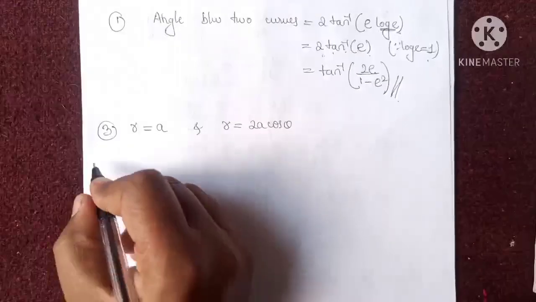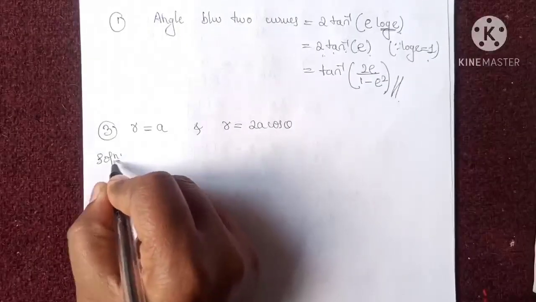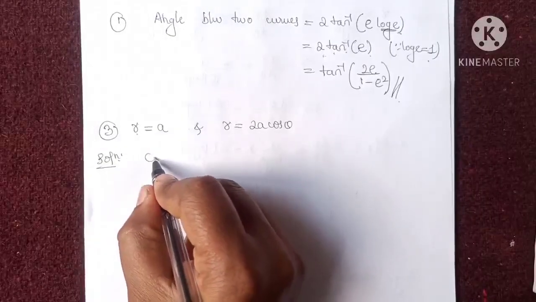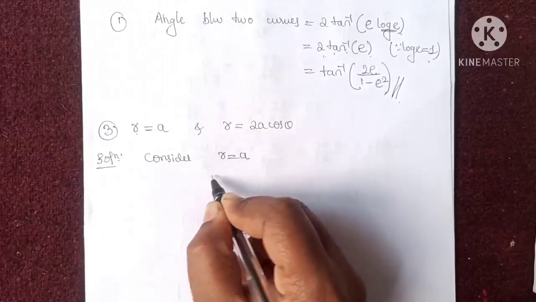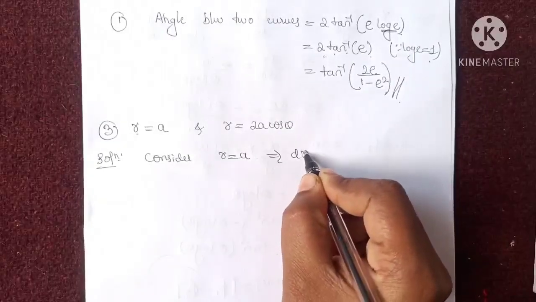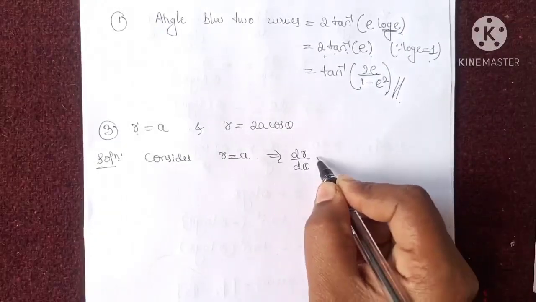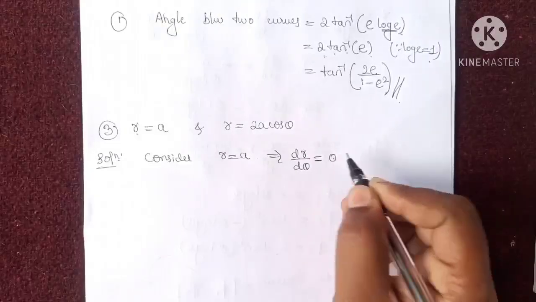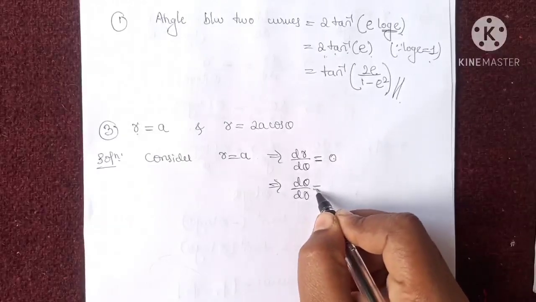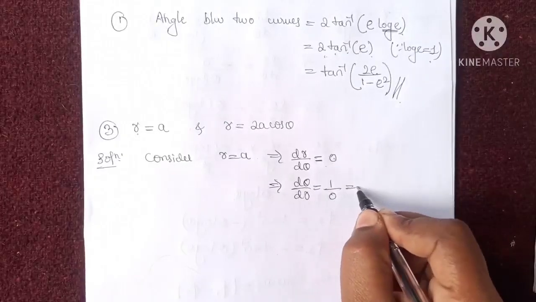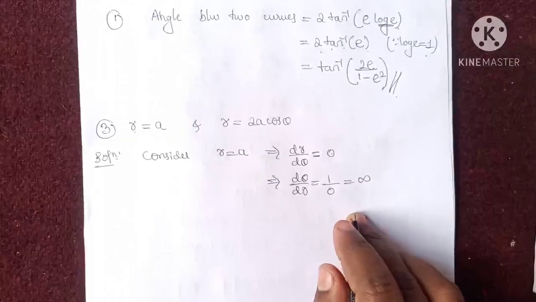Okay, solution. First consider the first curve, r equals a. Differentiating with respect to theta, we get dr by d theta equals 0. That means d theta by dr, taking reciprocal, is 1 by 0, which equals infinity.